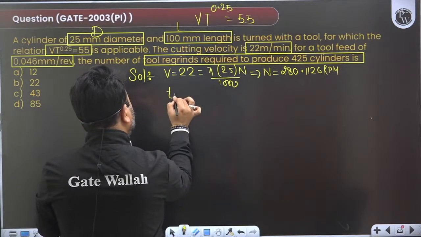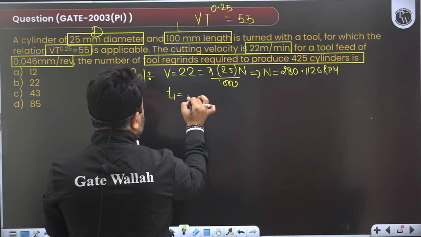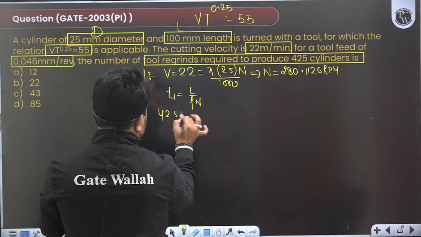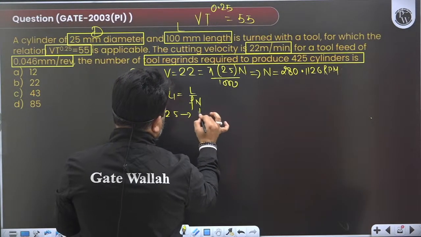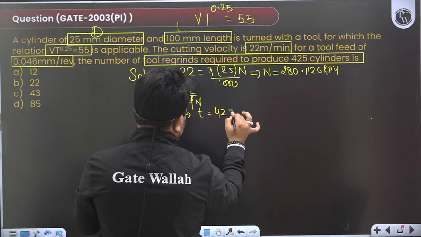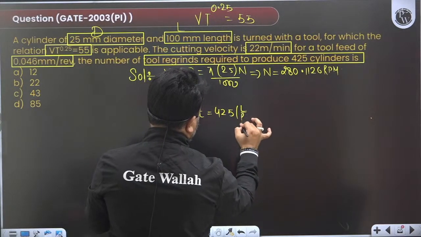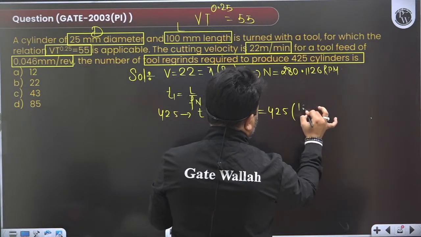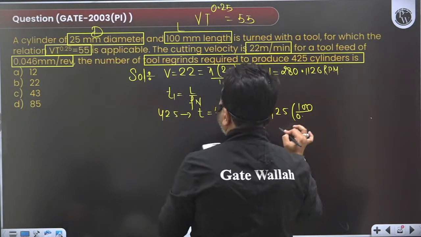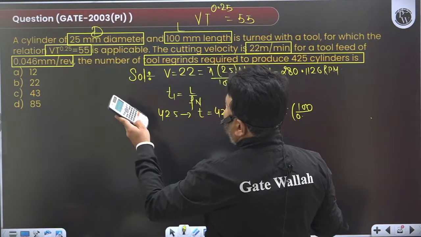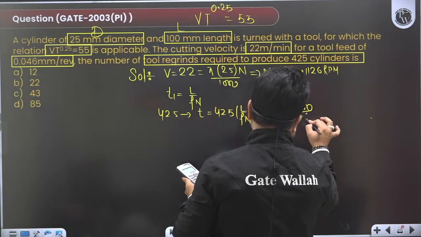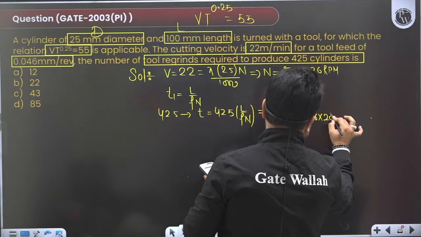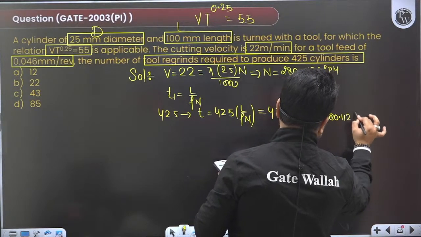Machining time of one workpiece is L divided by Fn. For 425 cylinders, total machining time is 425 into L divided by Fn, that is 425 into 100 divided by 0.046 into 280.112.